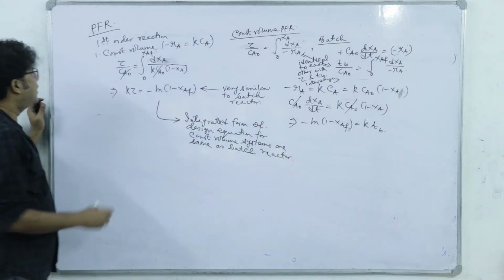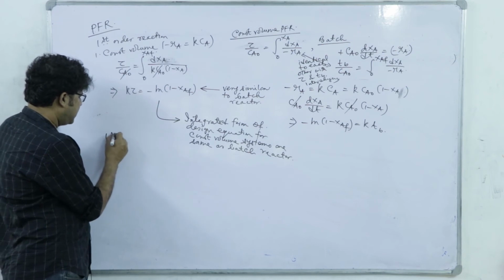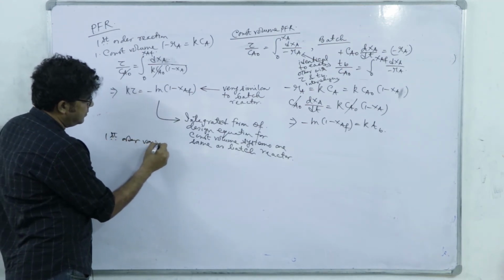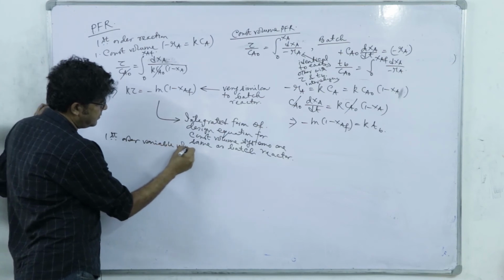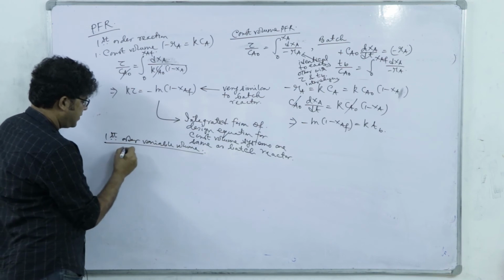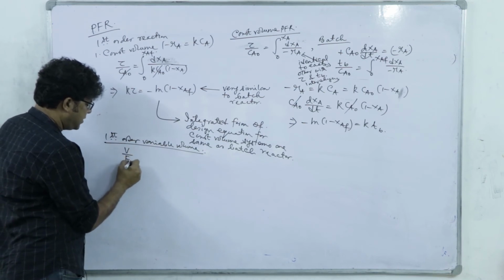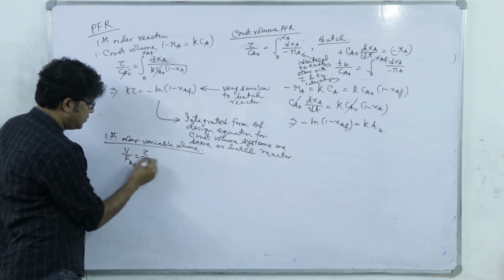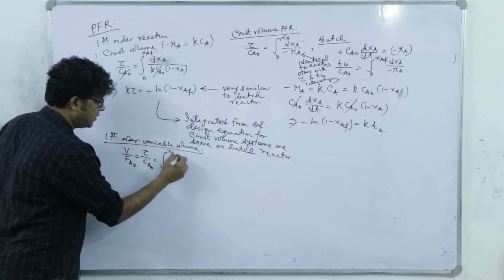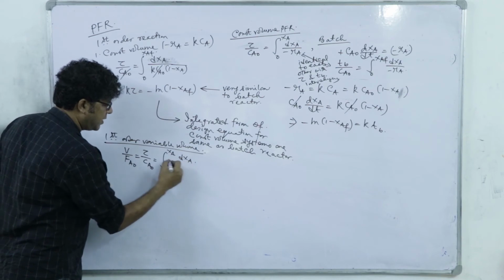So you see, for first order variable volume, what we have? V by Fa naught equal to tau by Ca naught, integral 0 to Xa dXa by minus Ra.